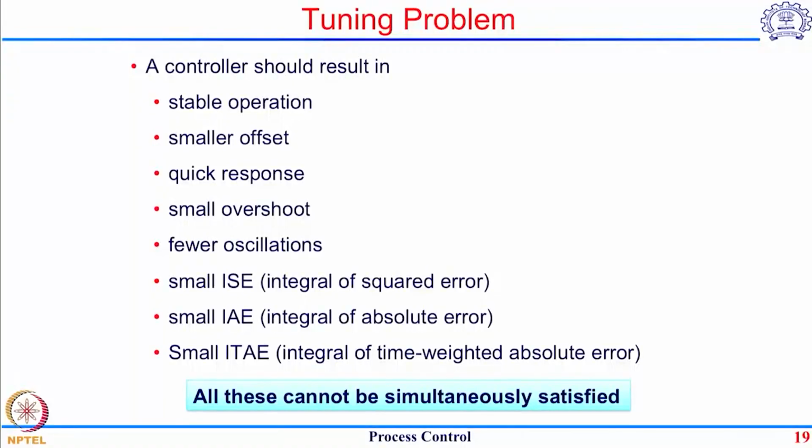So all in all, there are a lot of different criteria which you can put on the closed loop response of the system, and you would realize that not all of these requirements can be met by a single controller. A lot of times these are mutually exclusive. For example, if one of your objectives is quick response, in that case the oscillations in the system increase.